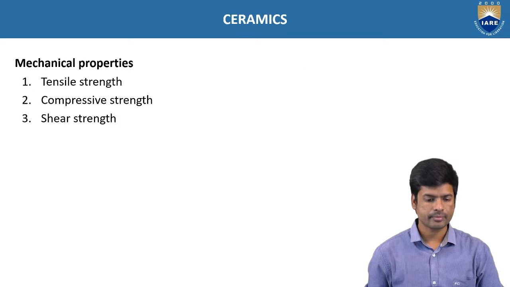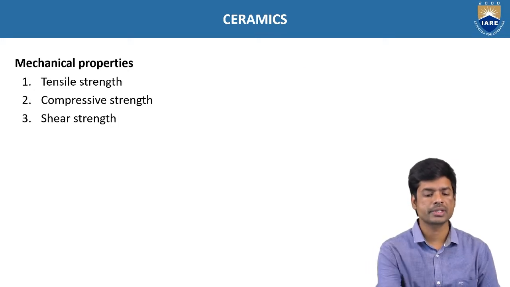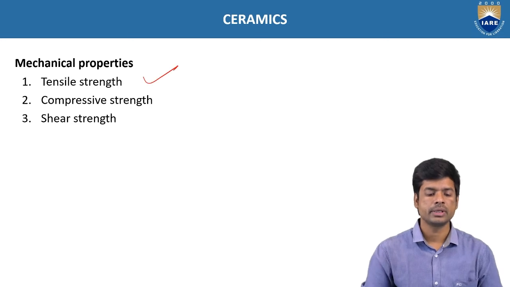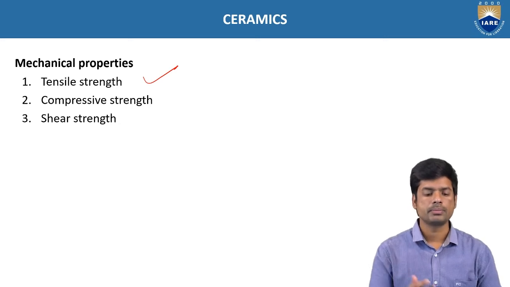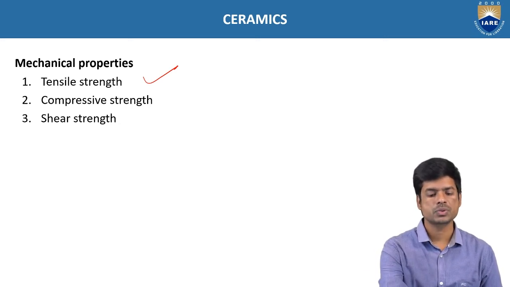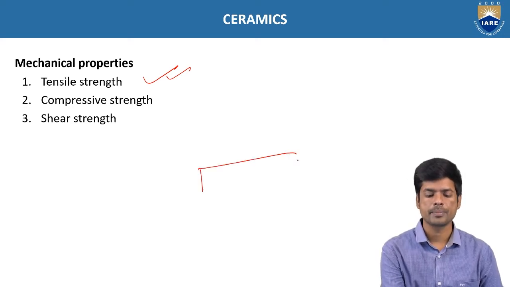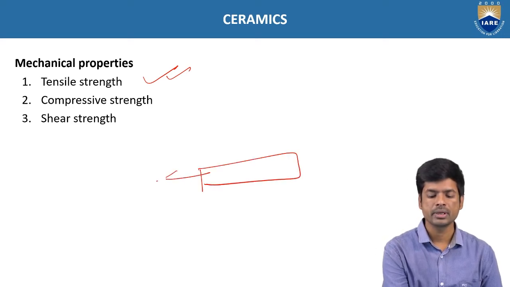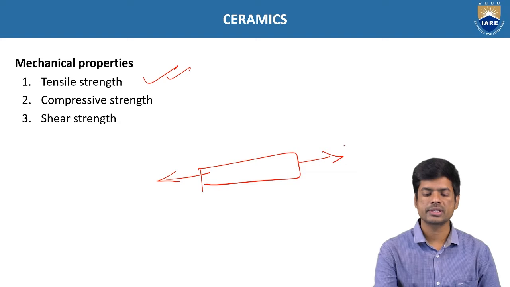And next, coming to the mechanical properties. First one is tensile strength. Here we don't need to discuss this particular topic clearly, but I'll tell you the properties. First one is tensile strength. That means if you apply any force on the member which is moving outwards, moving away from the object, then it is called tensile strength.